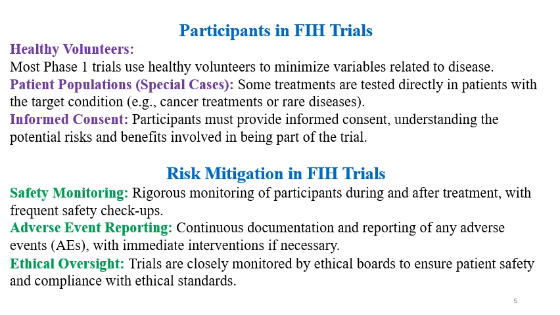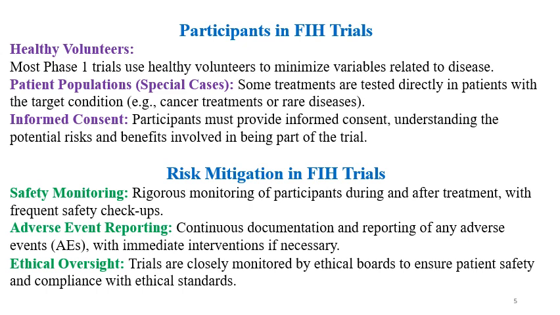Risk mitigation in the FIH trials. So what are the risks and how to mitigate those risks? Safety monitoring, adverse event reporting, and ethical oversight are the risk mitigation in the FIH trials. Safety monitoring involves rigorous monitoring of the participant during and after treatment with frequent safety checkups. Adverse event reporting means continuous documentation and reporting of any adverse event, with immediate interventions if necessary.